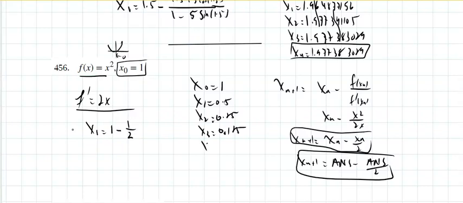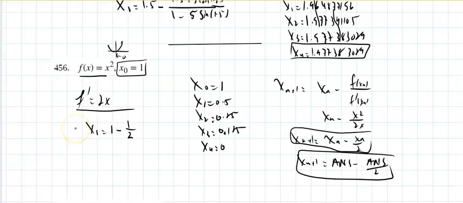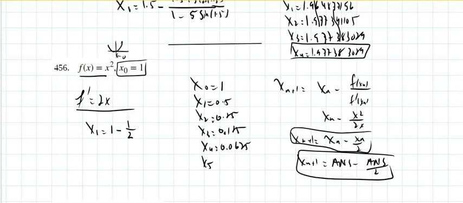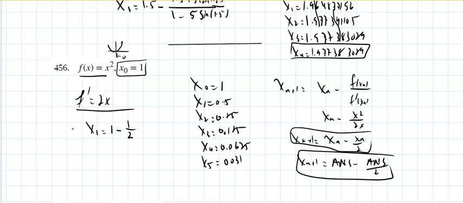X sub 4 would be 0.0625. This is taking a lot of iterations because of the starting point. I go back and I hit it again. 0.03125, so I got it locked to 1 decimal.